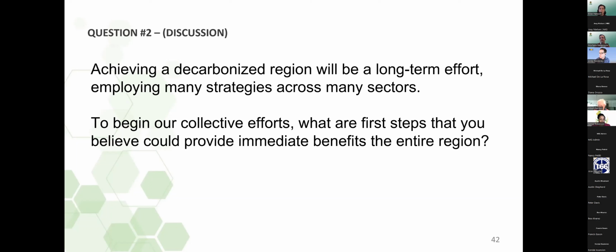Some people call it the low-hanging fruit, where we can start to make good progress and show that we can work together to get good results and have meaningful impact in communities. What are your thoughts as to what some of those early steps would be? I'd love to hear from any and all of you about those questions.